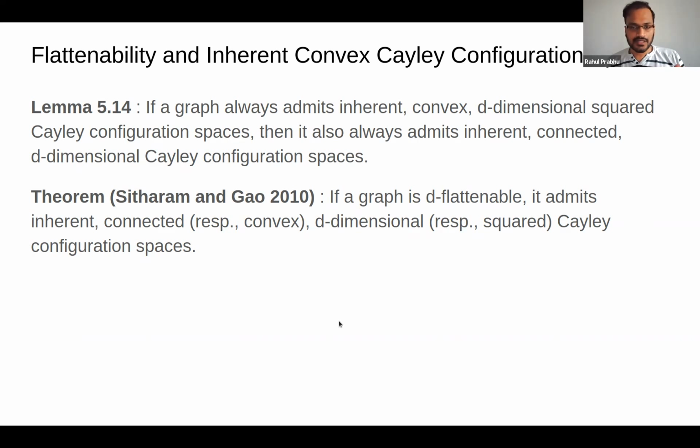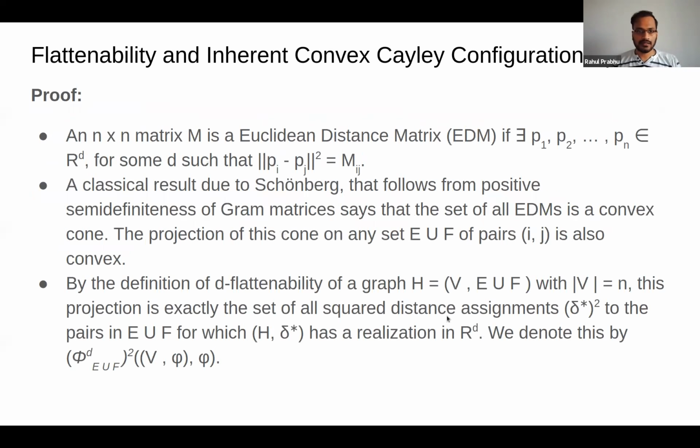So first I'll talk about the proof of this in just L2 and just the one direction, and then we'll look at the generalization a little later on. Okay, so does everyone know what a Euclidean distance matrix is?